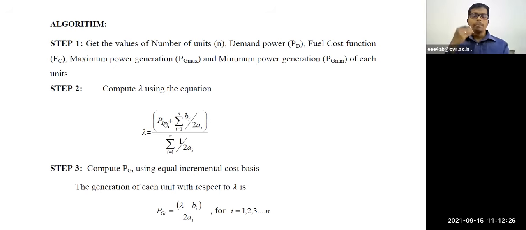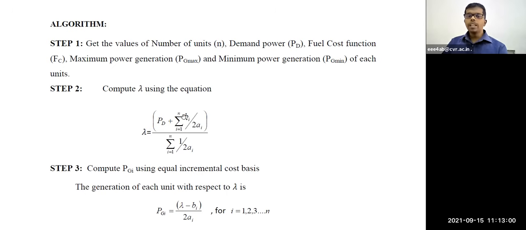How did we calculate it? PD new is equal to PD old minus the sum of the fixed generation not satisfying the operating limits. Say in our problem only the first generating unit does not satisfy the operating limit, so we need to neglect it, and take only the second and third generating units: B2 divided by 2A2 plus B3 divided by 2A3.